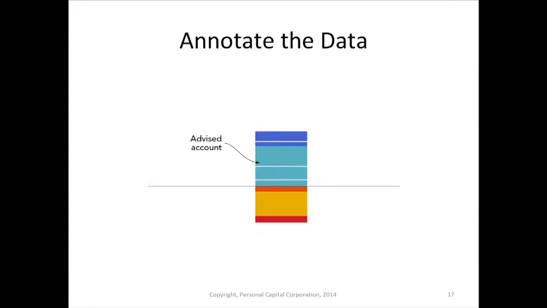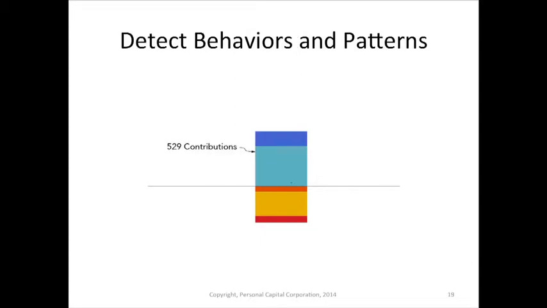We then further enriched this view by creating classifiers that annotate and augment the financial data, adding more depth, quality, and accuracy. We then extract facts about users' financial behaviors. For example, does she have idle cash, or is she not contributing to that 401k account anymore?